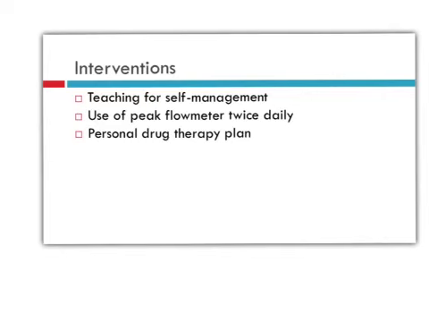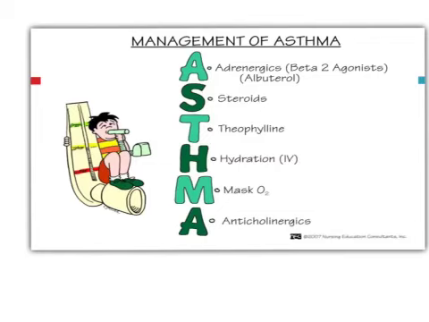And as a nurse, you need to encourage them to create an action plan, making sure that they identify their personal triggers, and what kind of responses they would take to those triggers. This cartoon depicts a summary of how you're going to manage the asthma. Adrenergics, like I said, we're going to mention how all of these work later on.